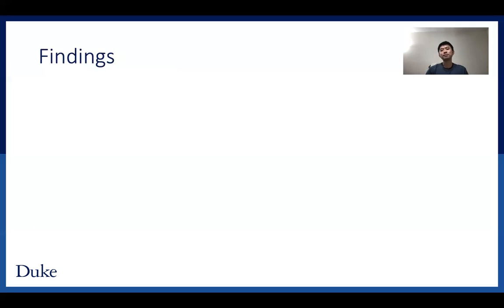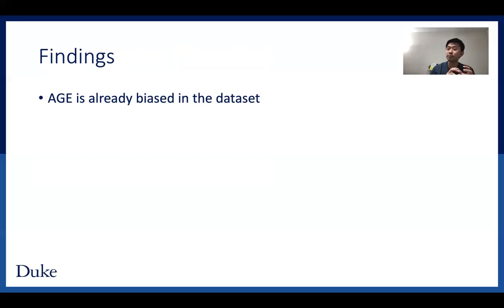Okay, the most important part of this presentation is our findings. We found out that age is already biased in this data set. For example, a player who is young but eliminated from the NBA will not show up in this data set. But if a player is good enough to continuously play in the NBA, then he gets older and older, and he will show up in this data set.